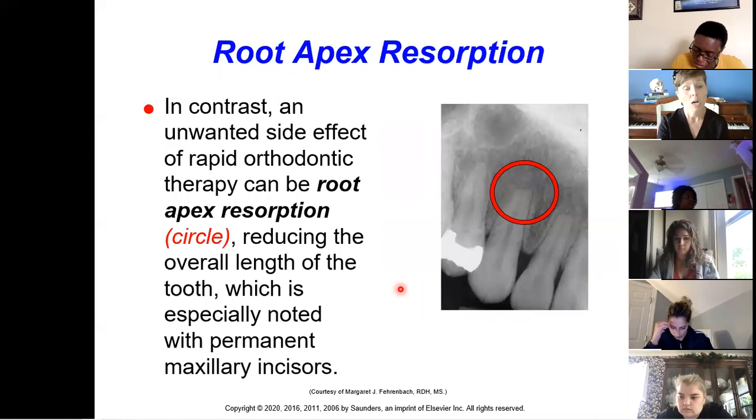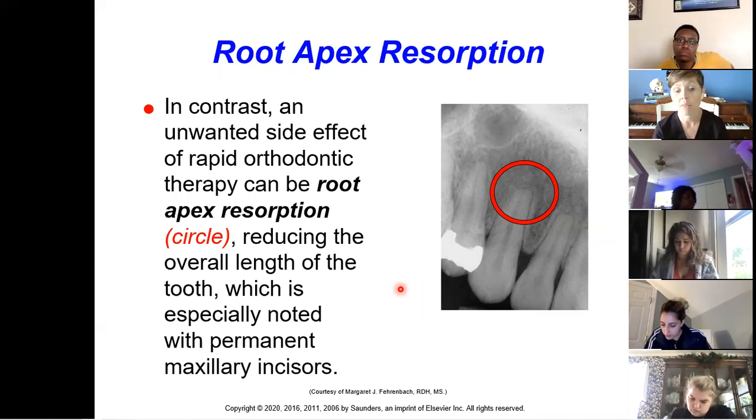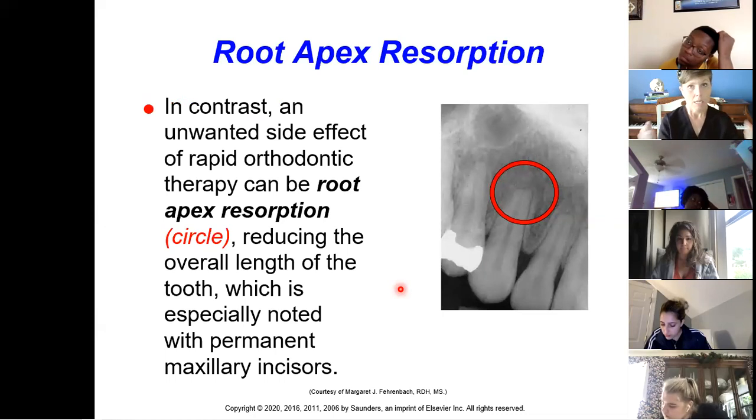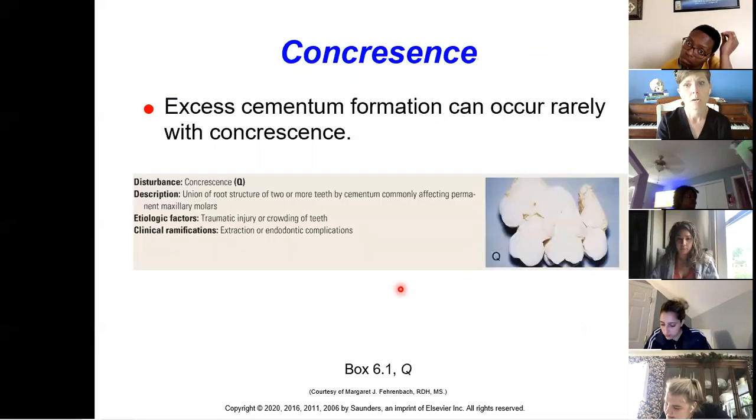And then there's root apex resorption, and this is where the apex of the root starts to dissolve and reduces the overall length of the tooth, which is especially noted on these anteriors. And it can be caused from fast movement of the teeth, things like that, during orthodontics.